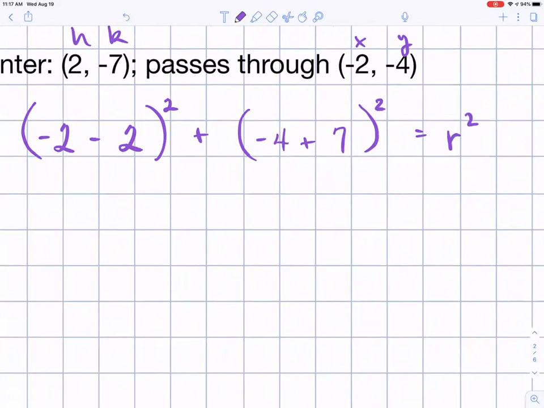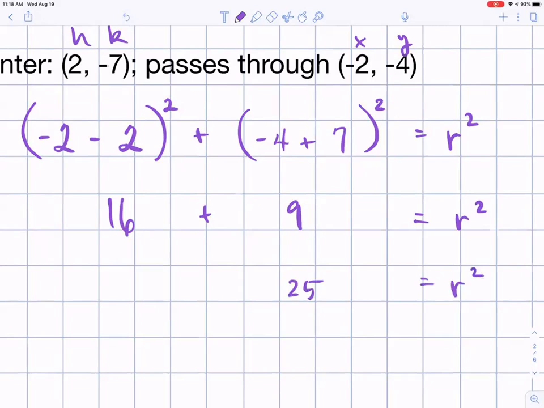So what do you get for your first term? 16. What do you get for your second term? 9. Which is what? 25. What were the directions?